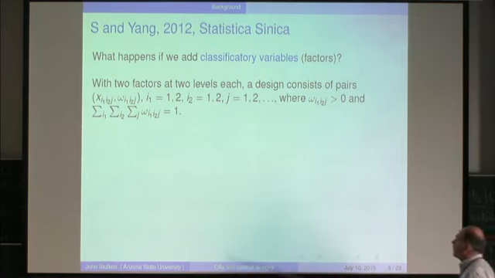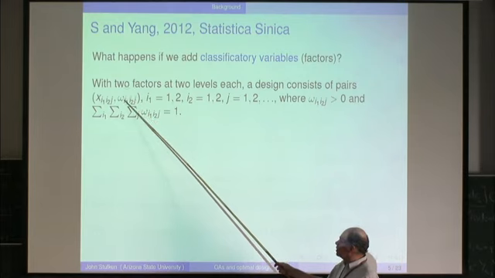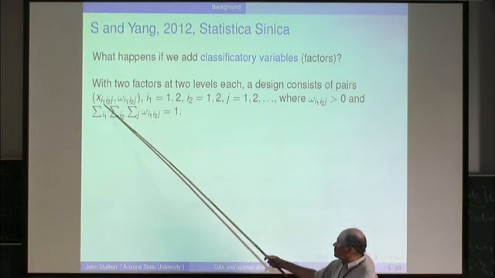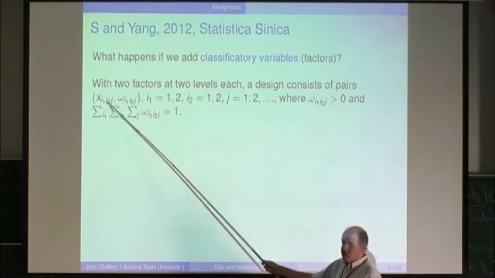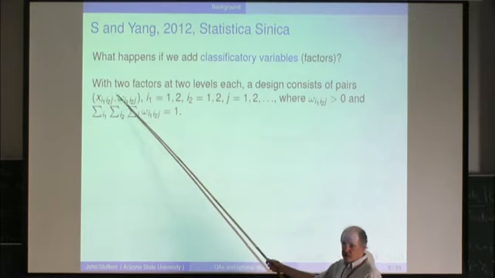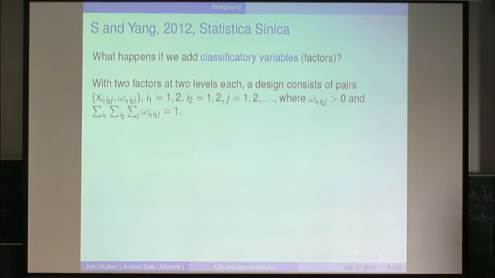And so my design now is going to look like a combination of x's and omegas, but I have to specify not only what value of x I take, but also in which class I take that particular value of x. Right? So I can have some points in the class 1, 1. I can have some points in the class 1, 2, some in 2, 1, some in 2, 2. So I have 4 different classes, and I have to specify for each of those classes which values of x I'm going to use. So design becomes a little bit more complicated in that sense.